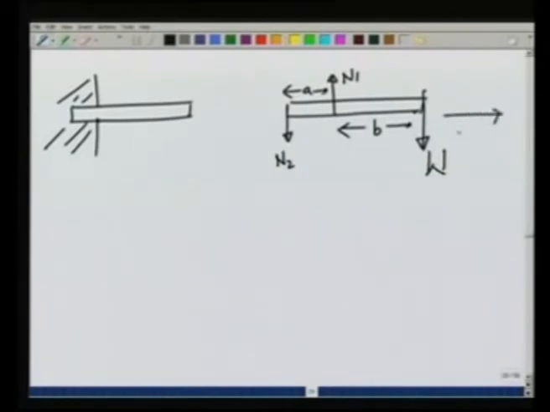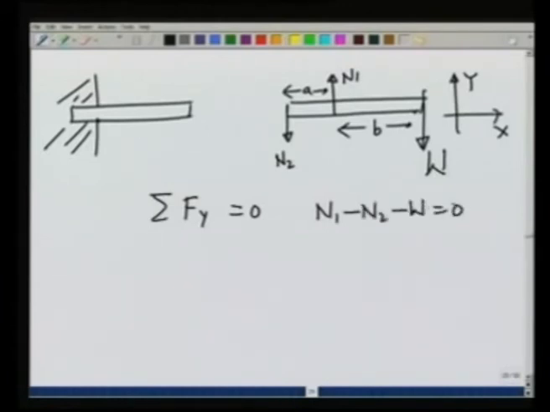I am taking x direction like this and y direction like this. Summation over f y is equal to 0 gives me N1 minus N2 minus W is equal to 0, and summation tau z about the z axis equal to 0.